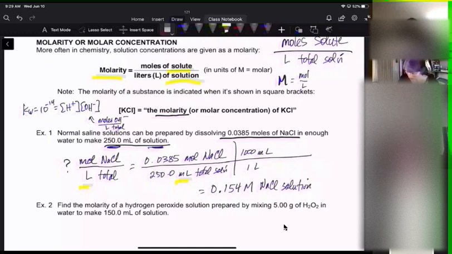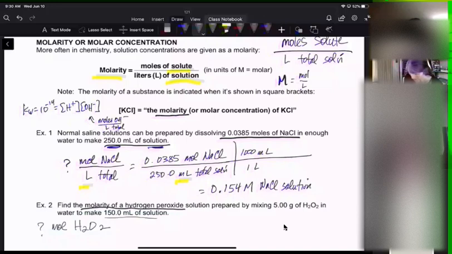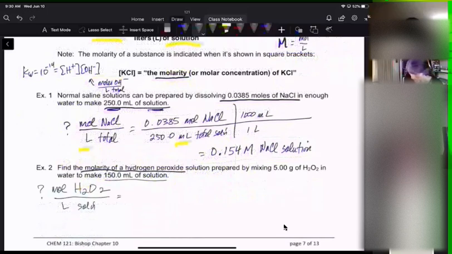Okay, what about this next one? Find the molarity. So that's moles of hydrogen peroxide, that's H2O2. And then here they give us, we need liters of solution. So this has the label that we need.